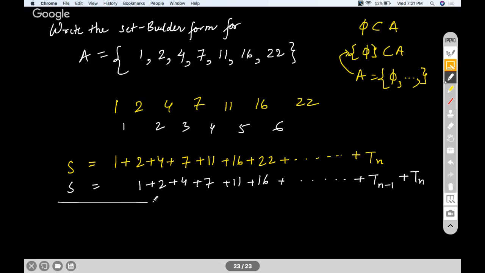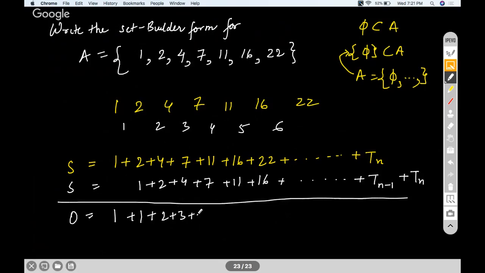Okay, let us subtract these two. So this will become 0, this will become 1, this will become 1, this will become 2, 3, 4, 5, 6, up till Tn minus Tn minus 1, and minus Tn.